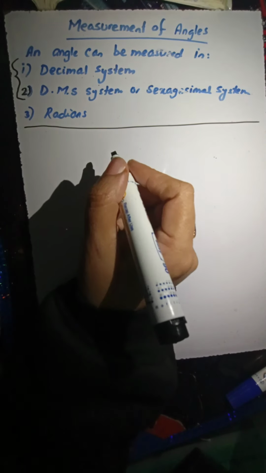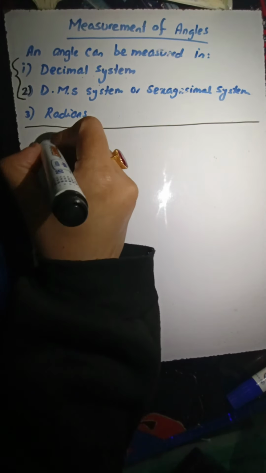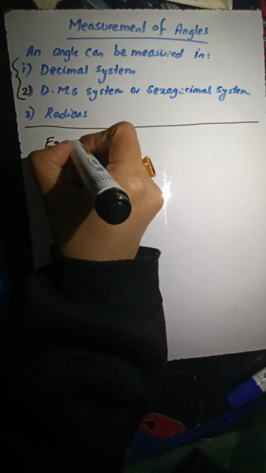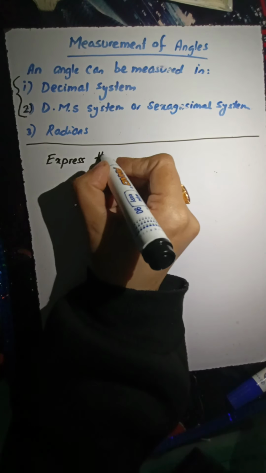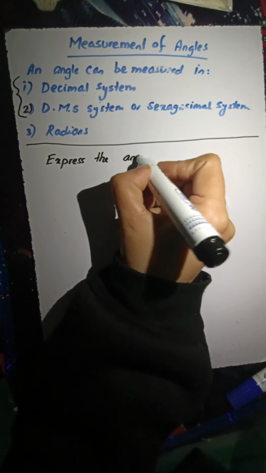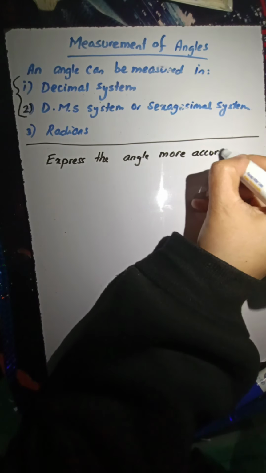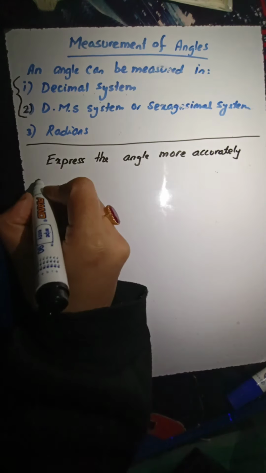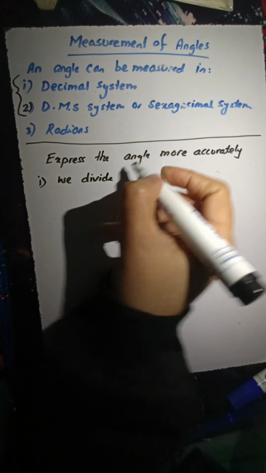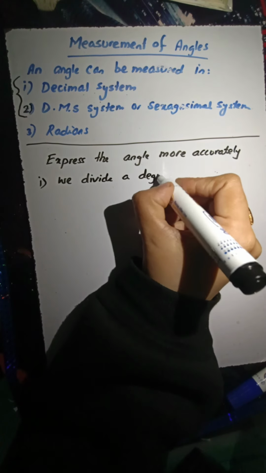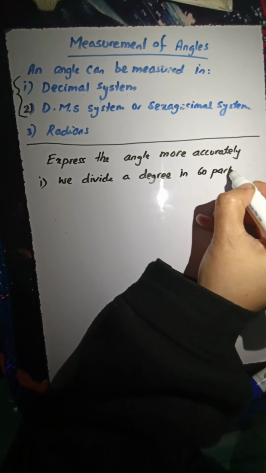Similarly, to express the angles more accurately, we divide a degree into 60 parts.